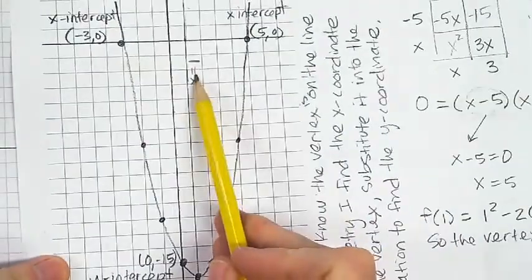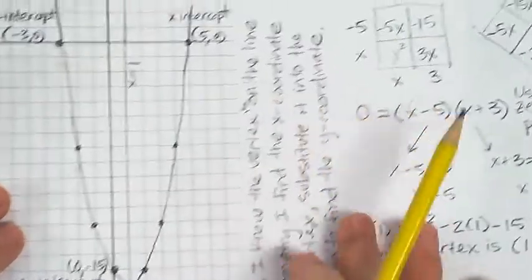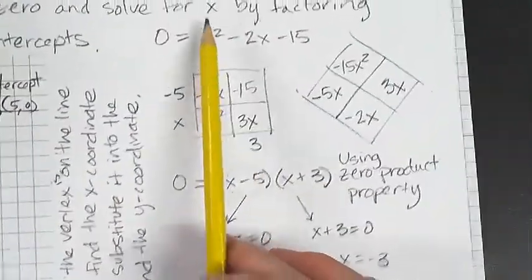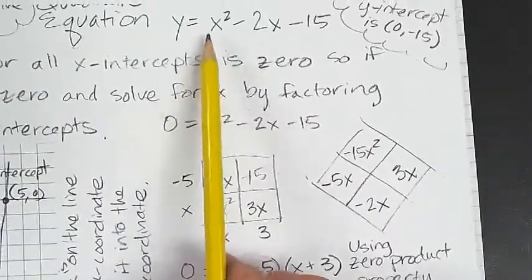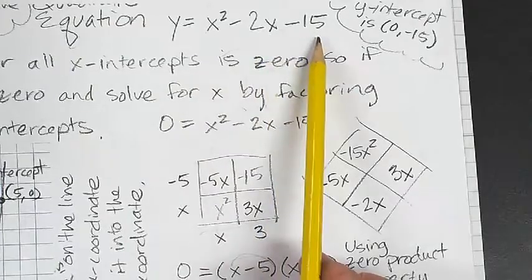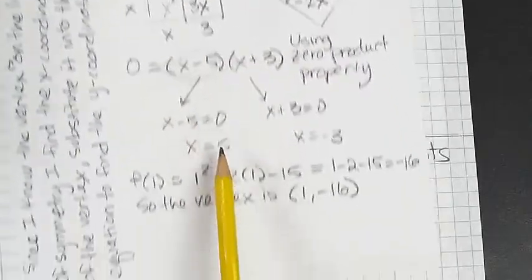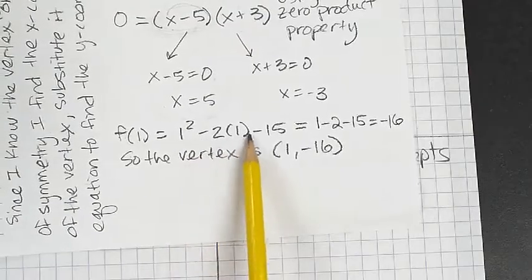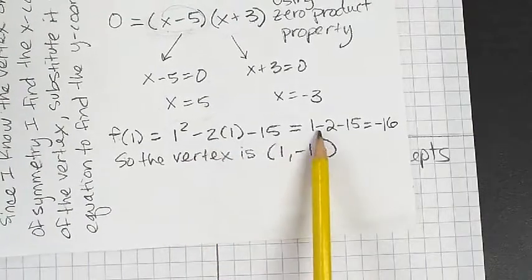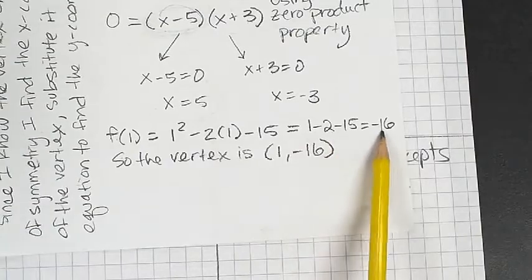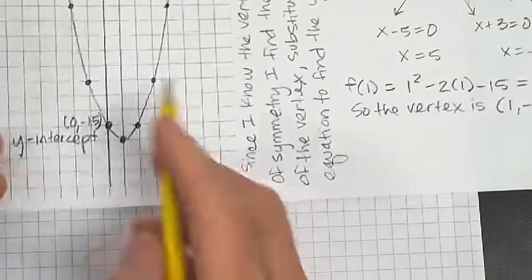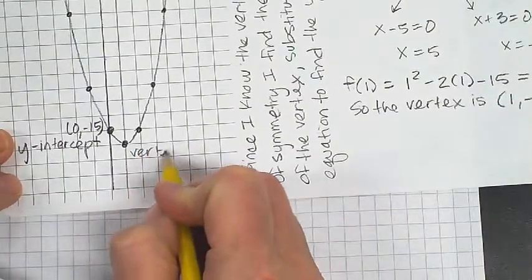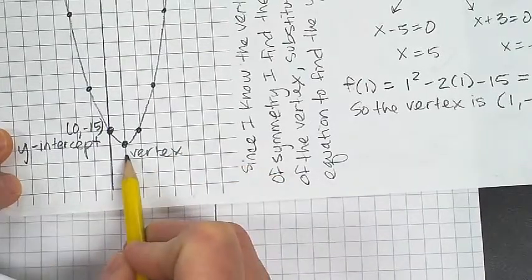So I knew the x-coordinate for my vertex would be 1. So I substituted 1 into my equation, x squared minus 2x minus 15. That gave me f of 1 equals 1 squared minus 2 times 1 minus 15, which is 1 minus 2 minus 15, giving negative 16. So then my vertex is down here at 1, negative 16.